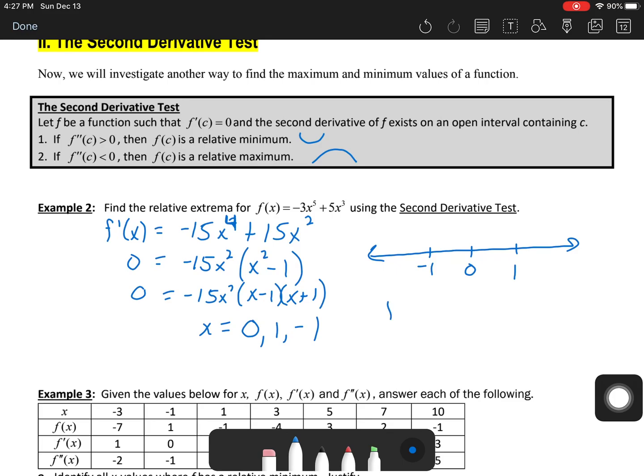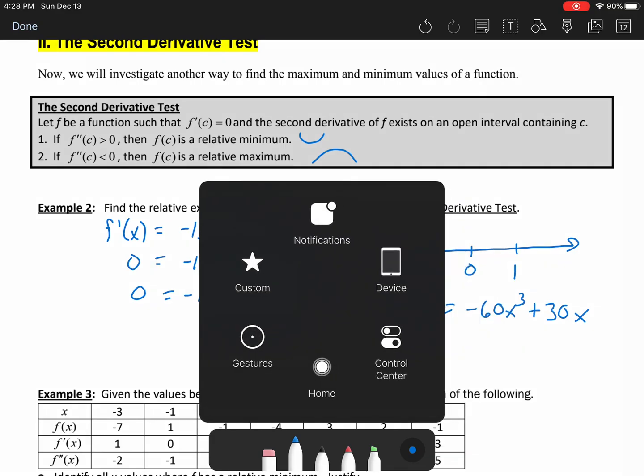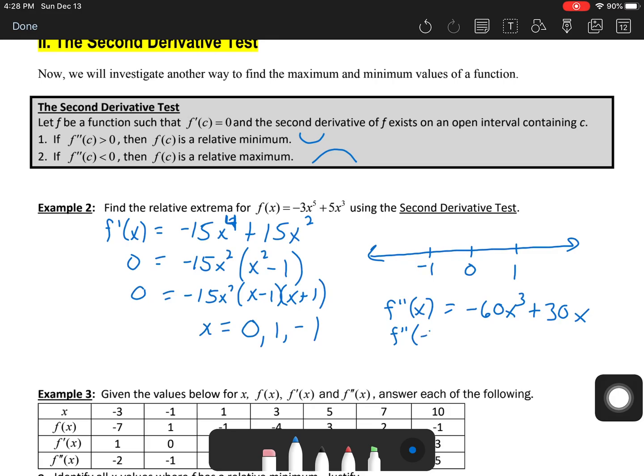So I need to continue on with my second derivative. f double prime is negative 60x cubed plus 30x. Okay, so there's my second derivative. Now I'm going to take f double prime and put exactly these values in, not the intervals between them, so I can test right here to tell if it's concave up or down.